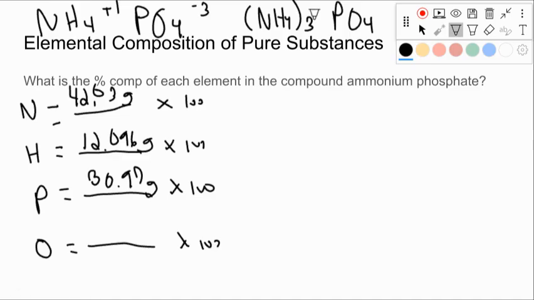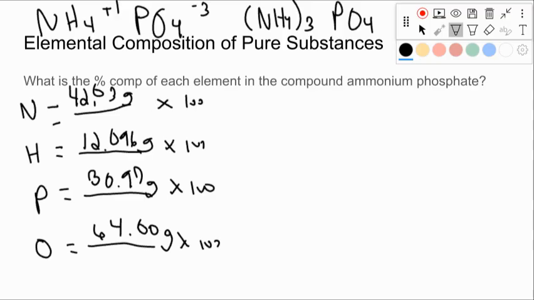And then oxygen, I have 4 oxygens because of the subscript. So again, I'm going to do 4 times 16, and that gives me 64. It's technically 64.00 because it's actually 16.00 times 4. So then I'm going to add these top numbers, and that gives me my bottom number.